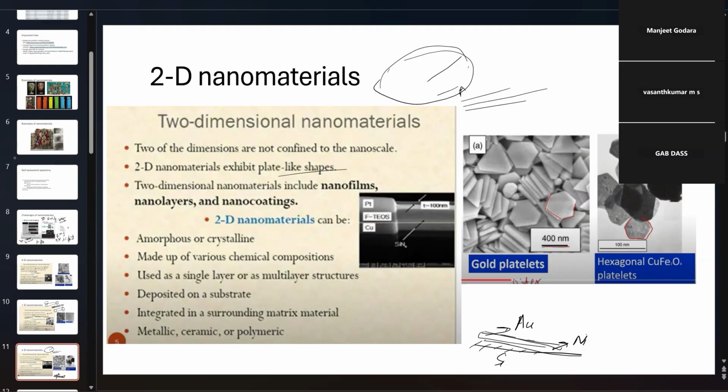These thin films are 2D nanomaterials. They can be deposited on a substrate or integrated into a surrounding matrix, and can be metallic or polymeric.